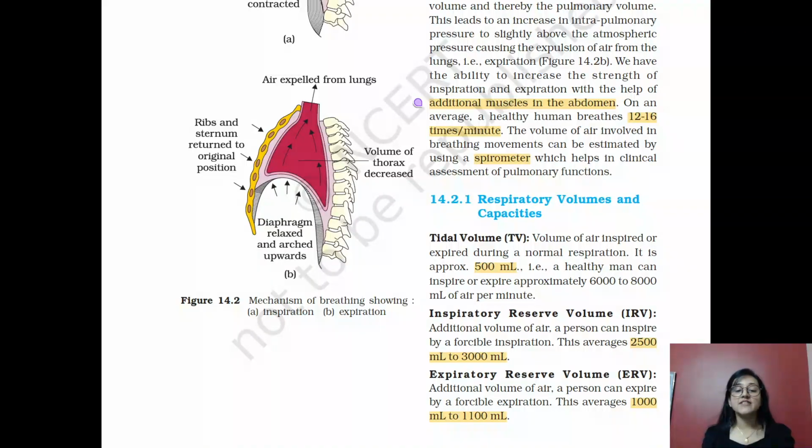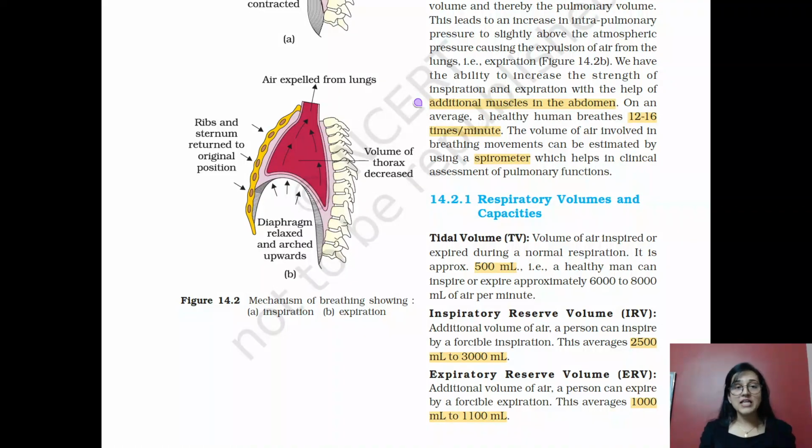Next comes the inspiratory reserve volume or IRV. It is the additional volume of air a person can inspire by a forcible inspiration. So suppose you have inspired air in tidal volume in a normal respiration, then after that you are forcing yourself to inspire more air.